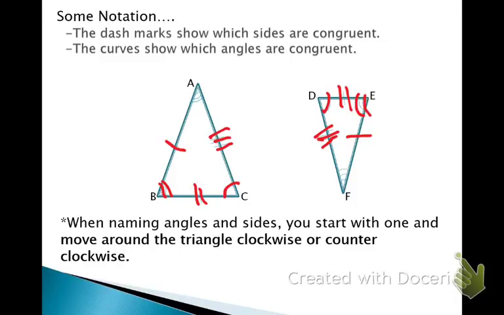And then angle A, 1, 2, 3, is congruent to angle F, 3 marks for the angle. These 2 triangles, we could say they're congruent because 3 corresponding sides and 3 corresponding angles are congruent.